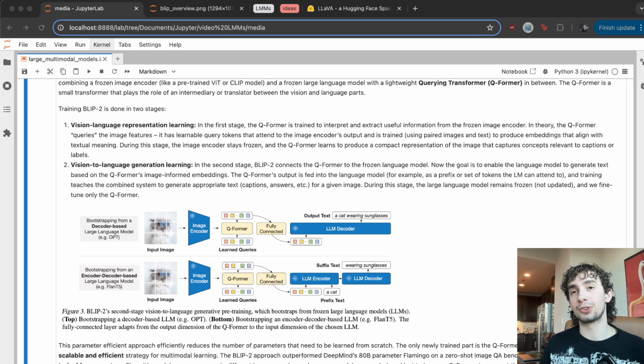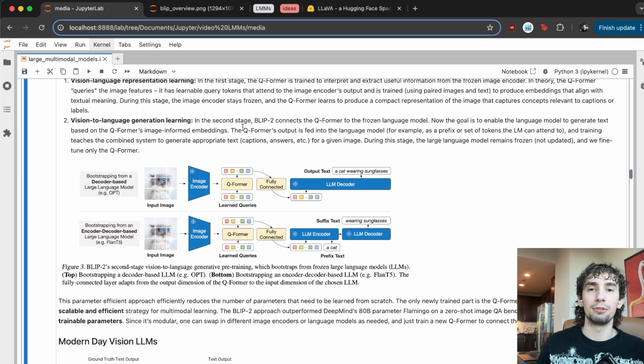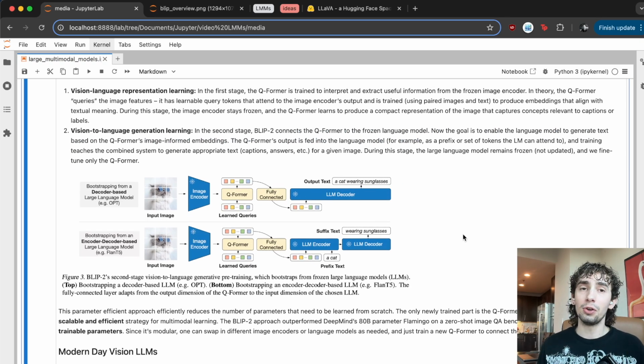So once we're able to extract the text relevant encoding through the Q-Former from the image encoder, what we need to do then is connect it to the language model and be able to train it in a way that it converts the encoding into something that the language model can actually understand. So in the second stage, that's where we do the vision to language generation learning, where what we do is we connect the Q-Former to a frozen language model, and the goal now is to try and generate text with the Q-Former's image-informed embeddings.